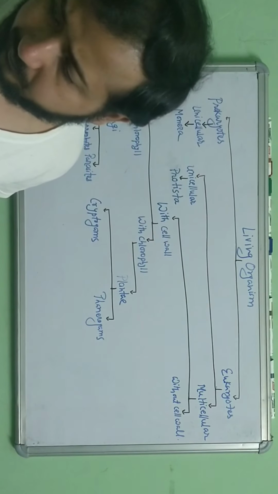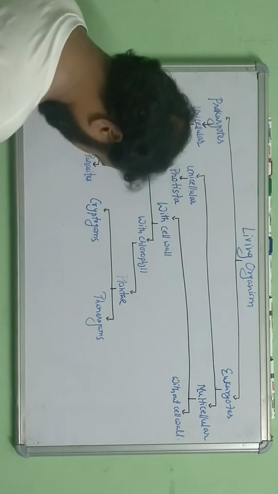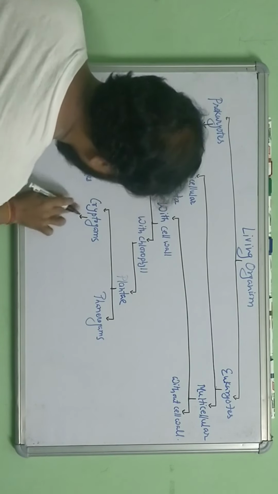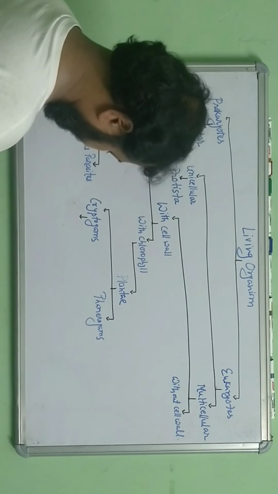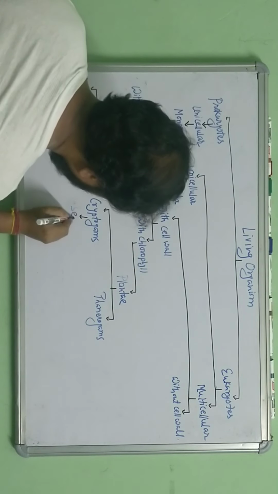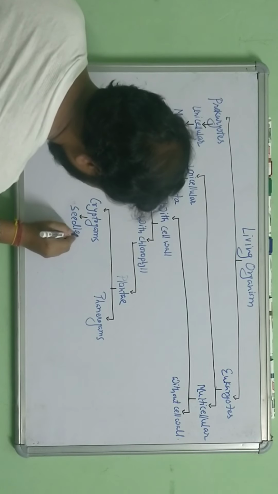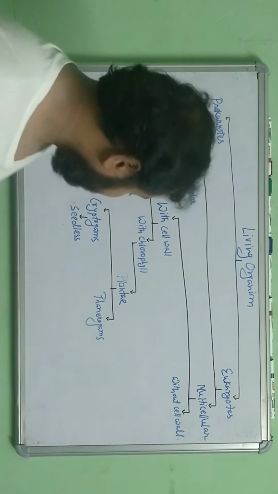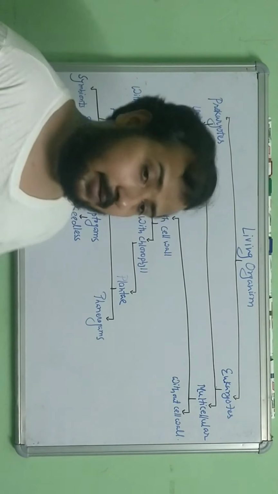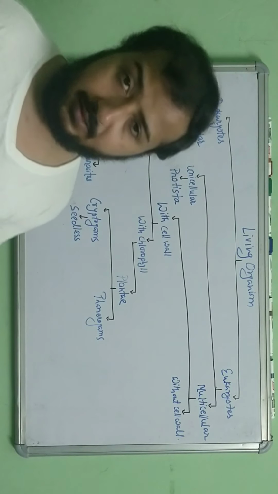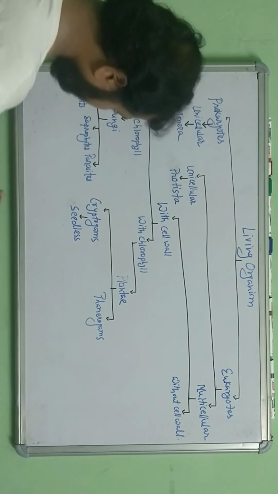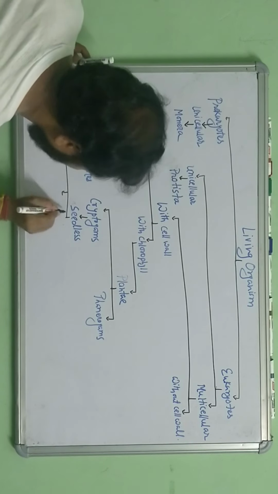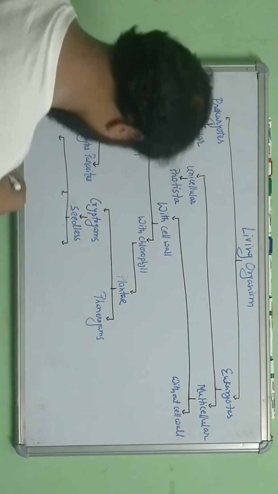These are the seedless. Clear? Now which plants come under this seedless category? Seedless means cryptogams. There are 3 categories of plants which come under this.